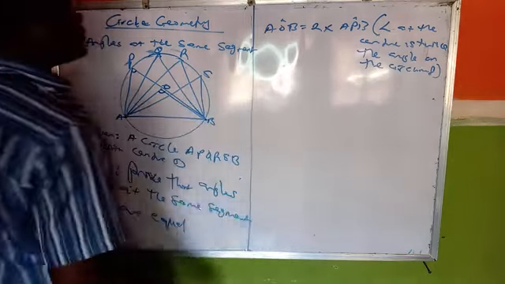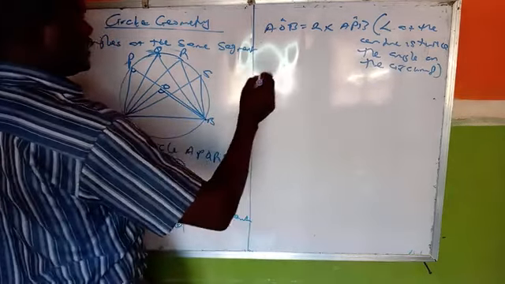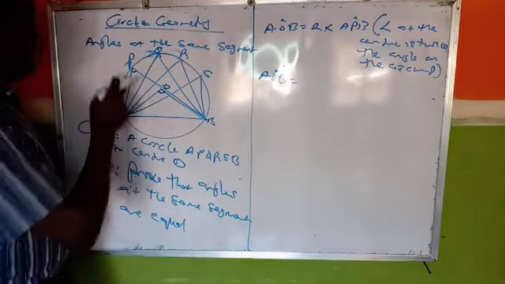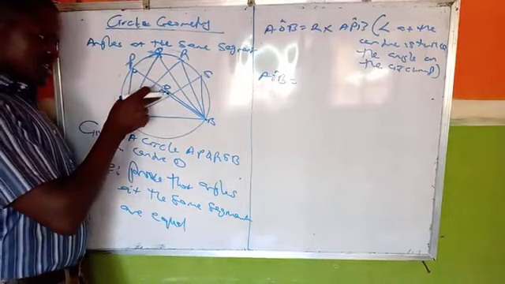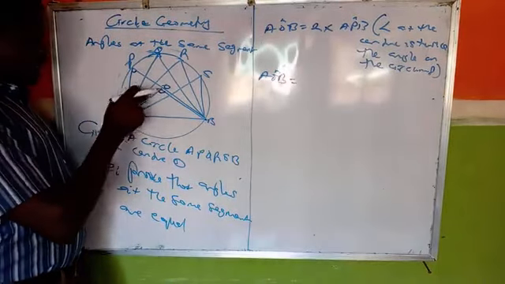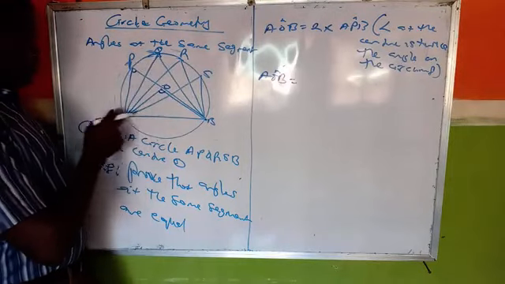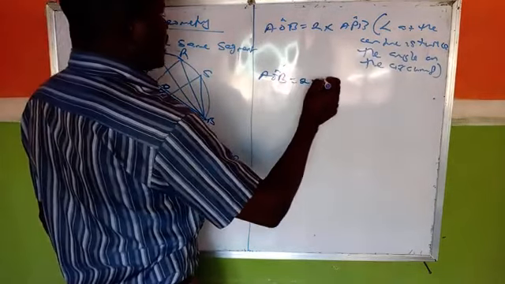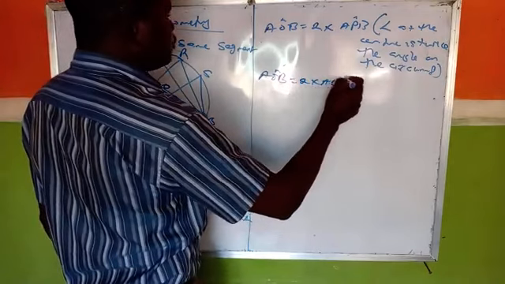Then again, if you have this likewise, angle AOB, this angle at the center, is 2 times the angle on the circumference. Again, this angle is 2 times angle of what? AQB. So this is 2 times angle AQB.